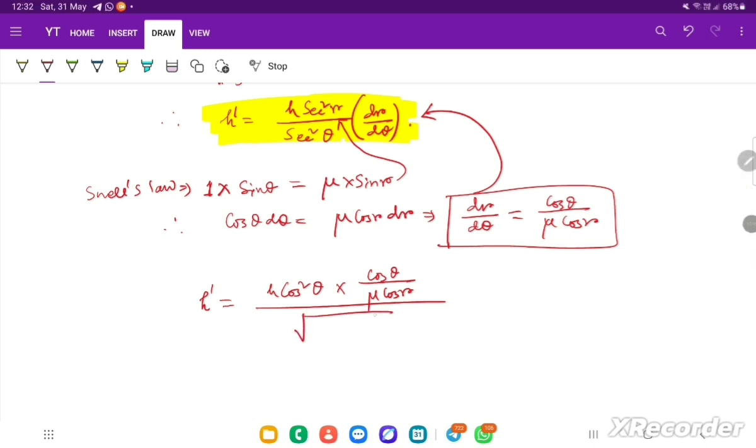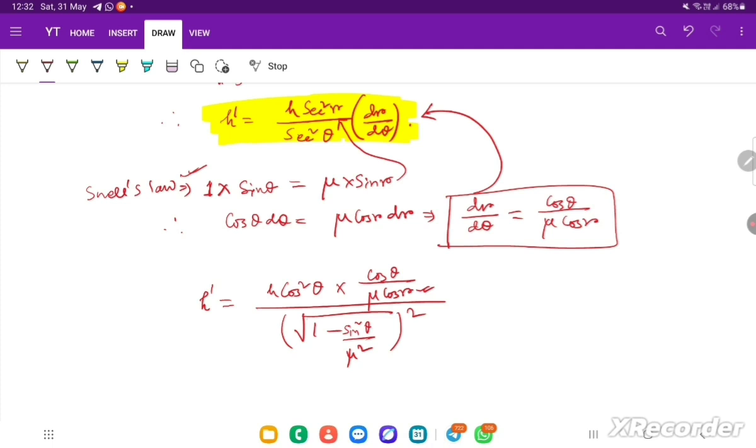This will be 1 minus, in place of sine r I am writing sine theta upon mu, so sine square theta upon mu square, from the first equation, this one. And yeah, here is also one cos r term, I need to substitute this one as well. So this one will also be root under 1 minus sine square theta upon mu square, whole square, because this is the value of cos r and we are writing cos square r.